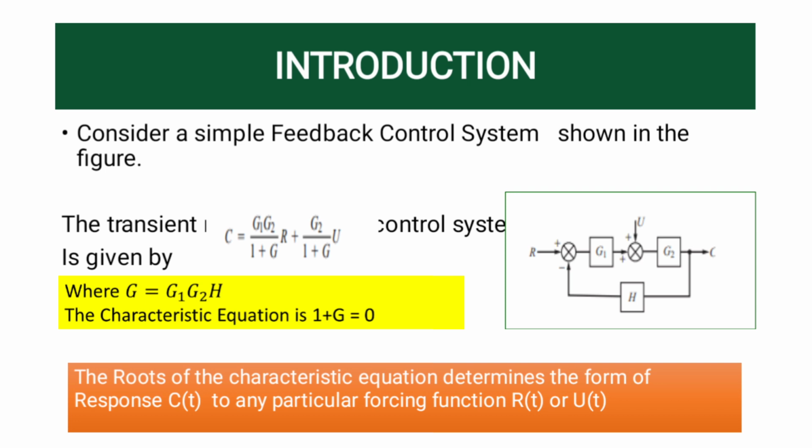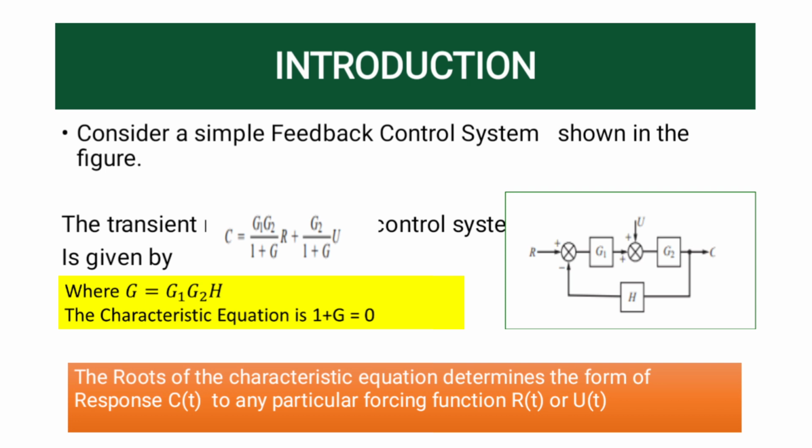The transfer function for the controller is given as G1. The transfer function for the process is denoted as G2, and the transfer function of the measuring element is H. Therefore, the transient response of the control system can be written as C equals G1 G2 divided by 1 plus G into R, plus G2 divided by 1 plus G into U.